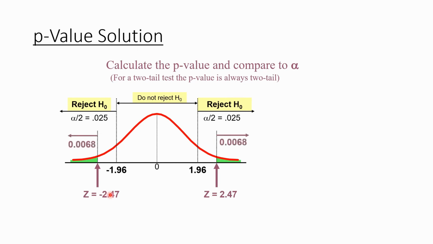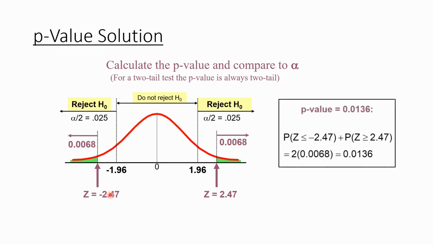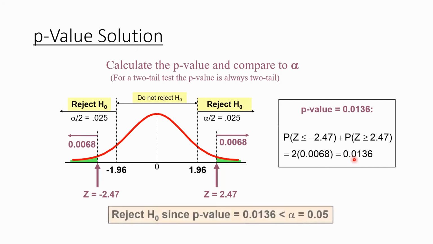And then you add these two values, because it's a two-tail test, you get 0.0136. That is your p-value, and accordingly you compare that with your alpha. Since your p-value is less than alpha, you reject H0. Remember, if p-value is low, H0 must go. So p-value is less than alpha, so you reject your H0.